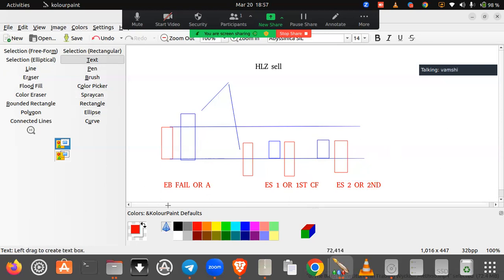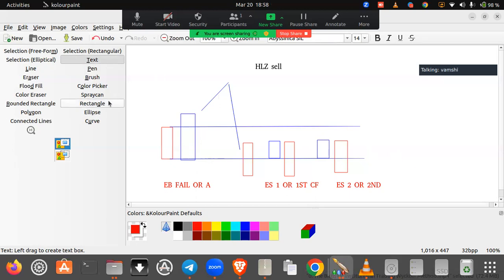Now this is the structure for high liquidity zone sell: engulfing buy fail followed by engulfing sell 1 and then followed by engulfing sell 2. Now we can call this setup a high liquidity zone, which is used for selling.